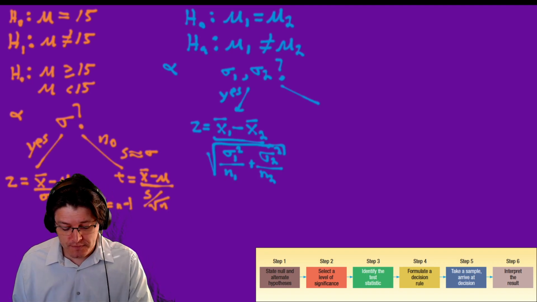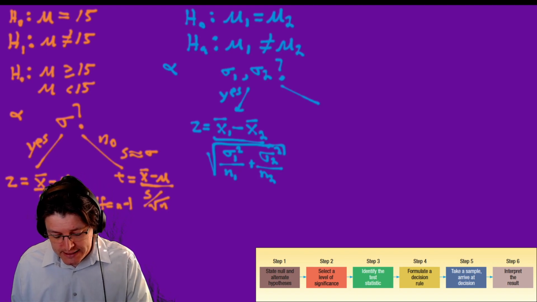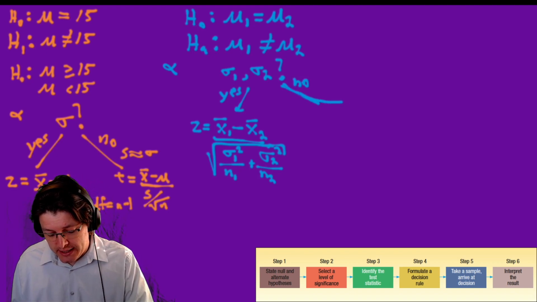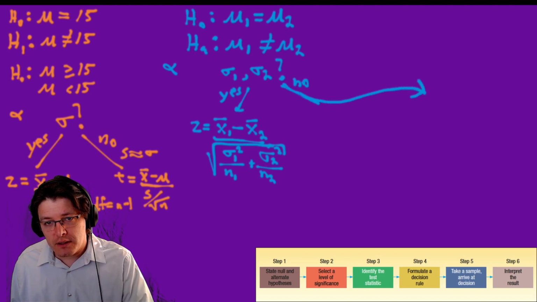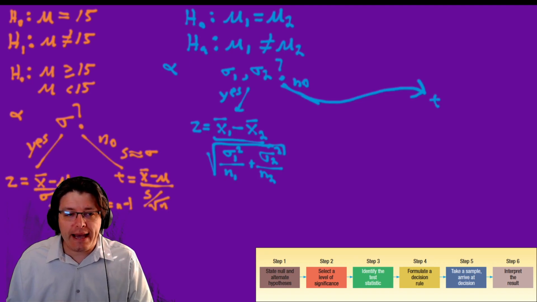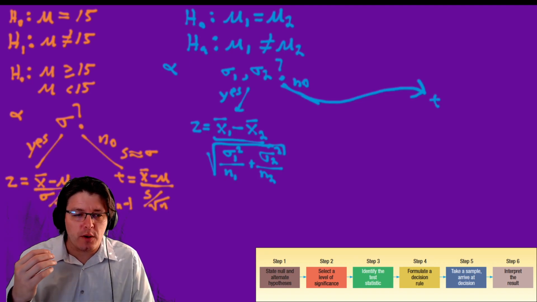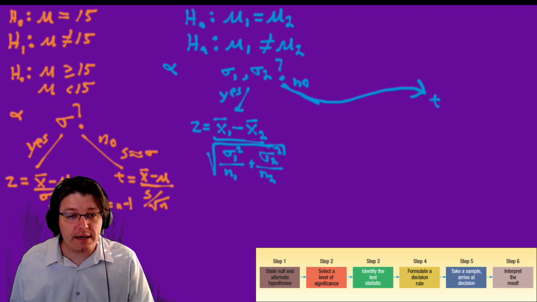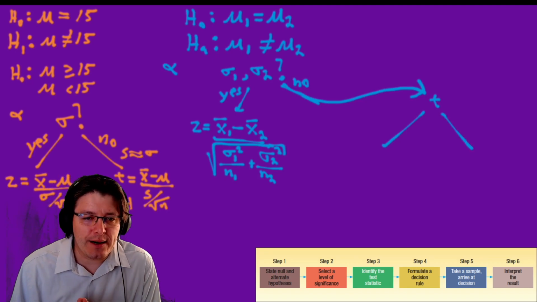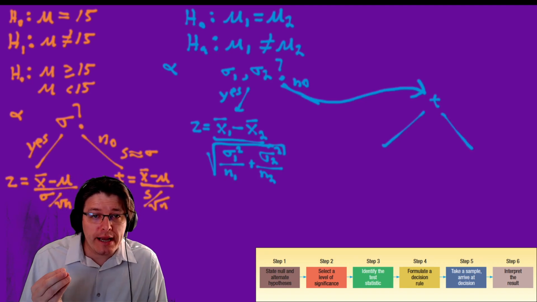What if we don't? Well, as you probably can guess, we're headed to the T distribution. I'm going to zip this over here because we are in the T, but we have to make another choice. So here's where some more complexity comes into chapter 11. So what are we deciding now? We have two underlying populations.